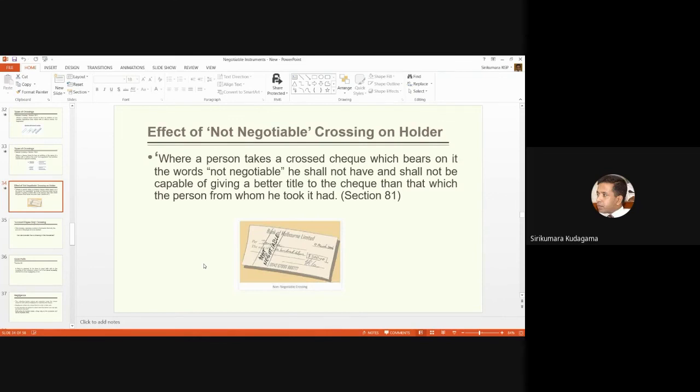From that particular initial point, there have been some debates in English judiciary. I didn't want to get into that difficult area. That's why I avoided A and went on to B, right? Whether not negotiable has the same effect on the first person is a little debatable.